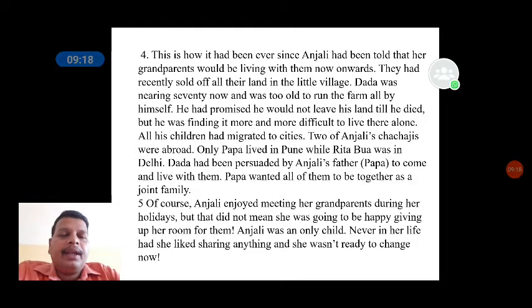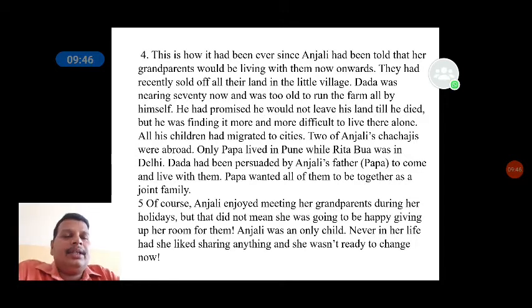Here her grandfather was also attached to that land, because he wouldn't leave his land till he died. But he was finding it more and more difficult to live there alone, because of loneliness. It created loneliness, because Dada and Dadi, only two members, were there.